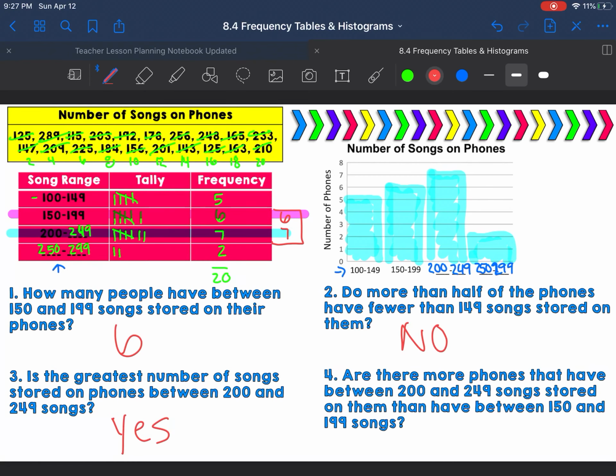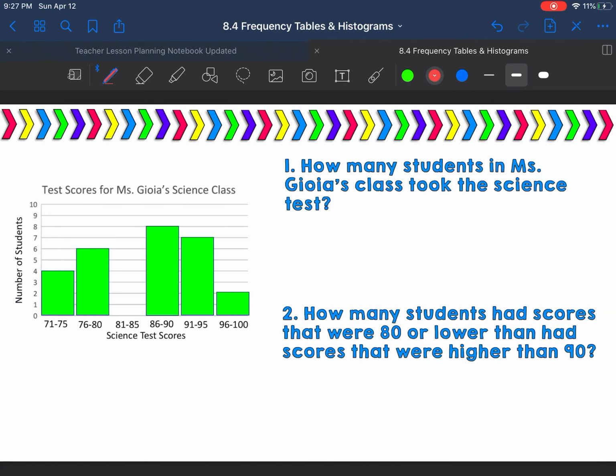That's these two categories right here. So I have 6 and 7. Are there more in 200 to 249? Yes, because there's 7 in that category, and 150 and 199 only have 6. So 7 is bigger than 6, so then my final answer would be yes.